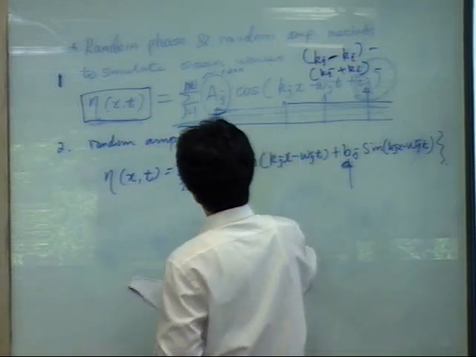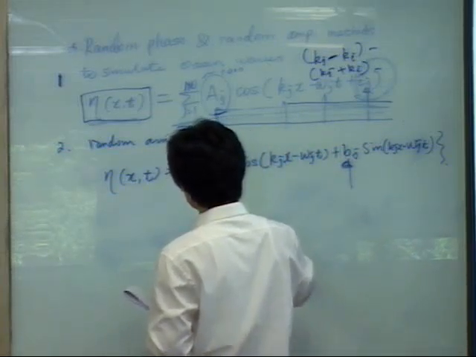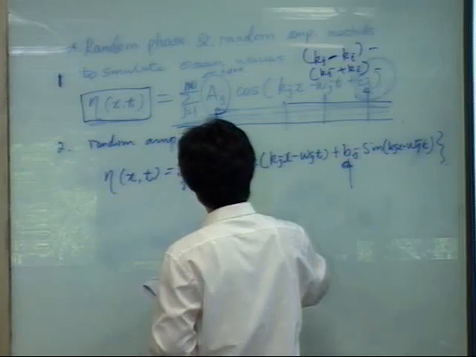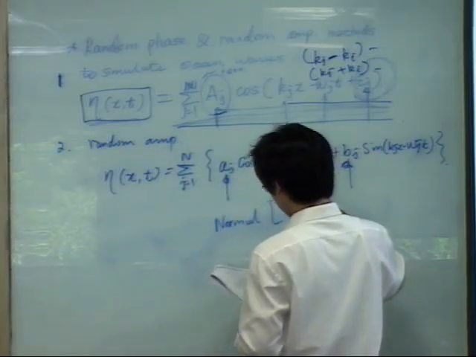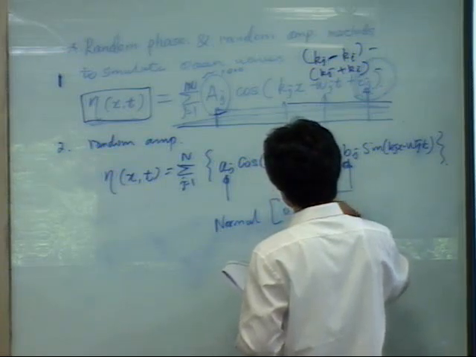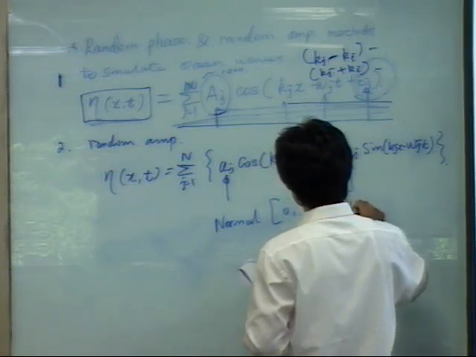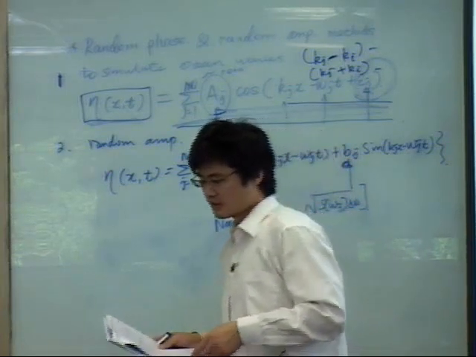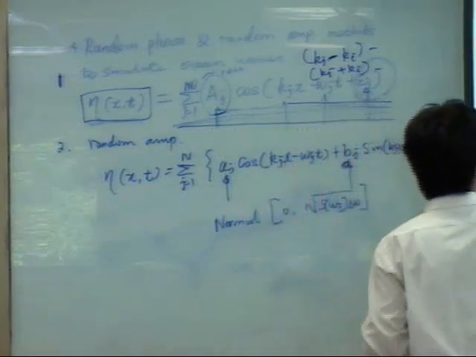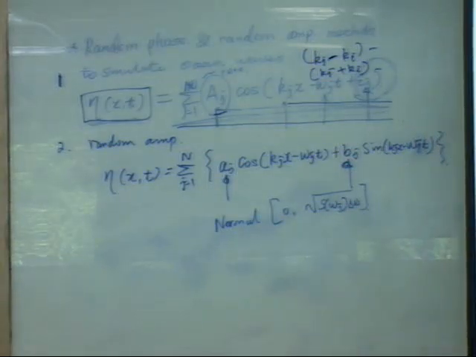These two follow a normal distribution, with the mean equal to 0, and the variance is like this. It's actually a similar concept. We still divide this into many components.